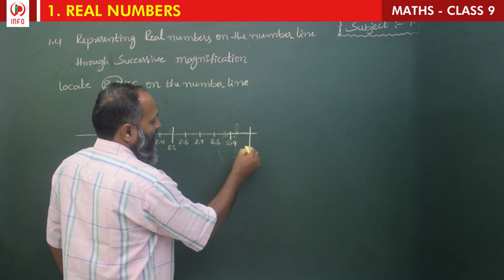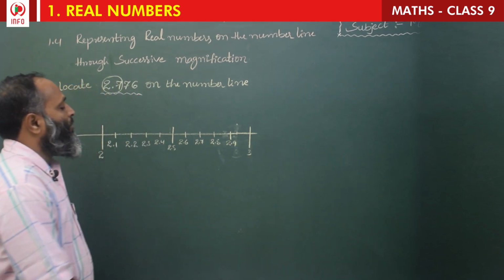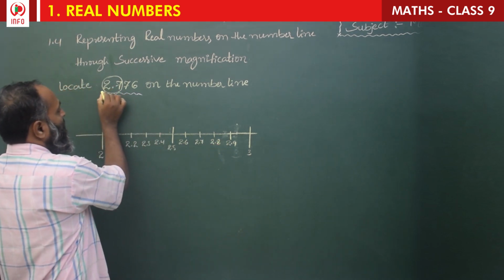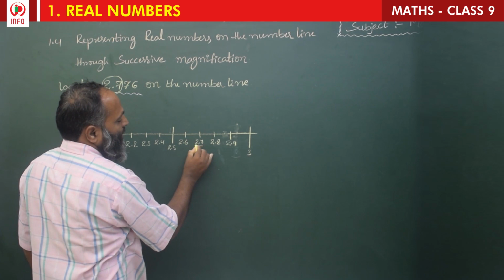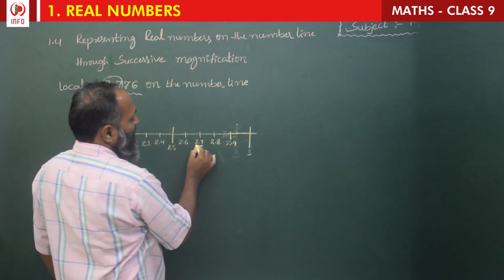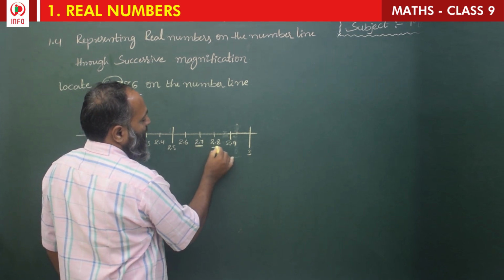So the first decimal we locate is 2.7, and then 2.77. 2.77 is in between 2.7 and 2.8.